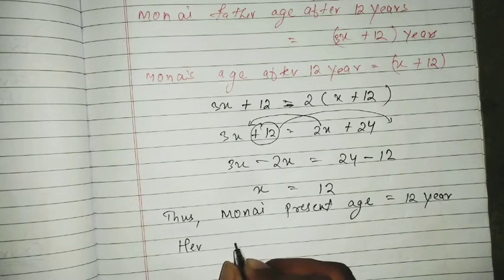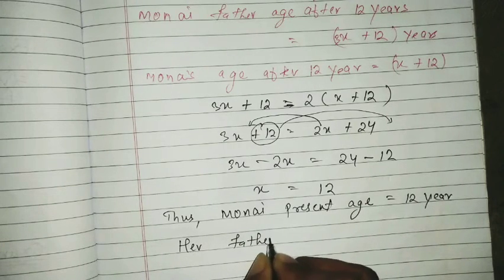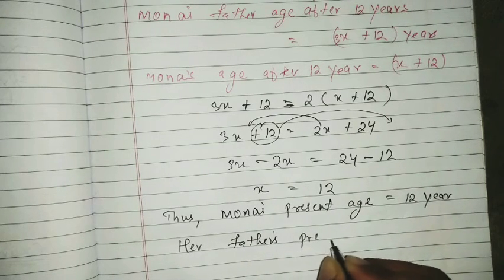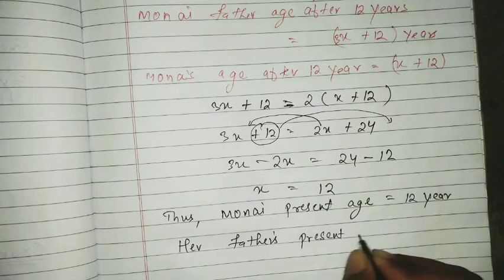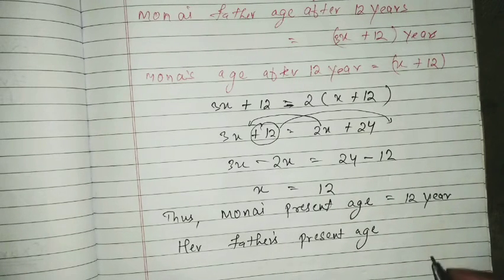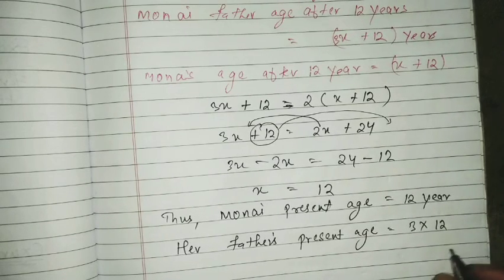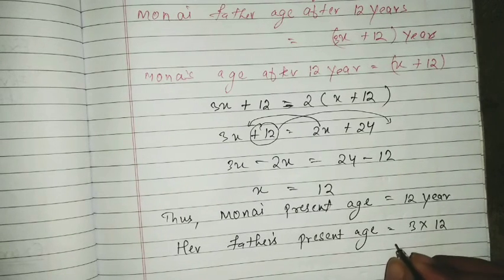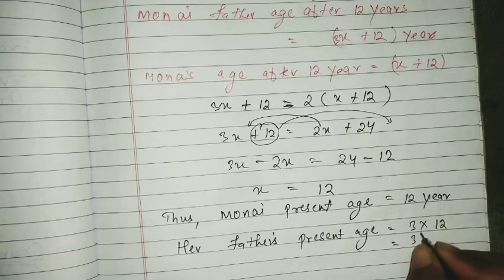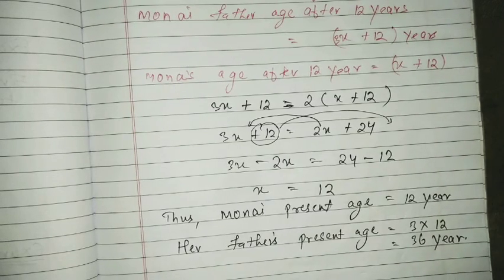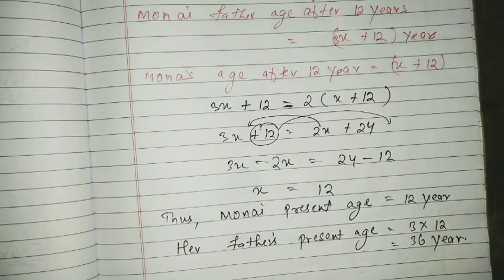Her father's present age, with 3 into 12, thrice as old as Mona, that is 36. I hope you understand.